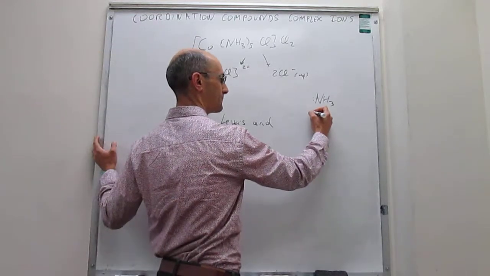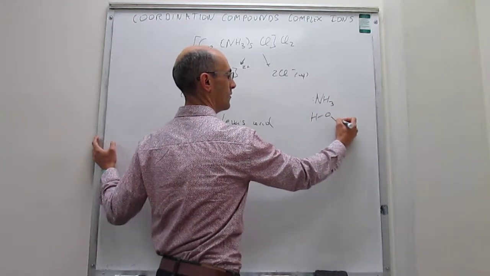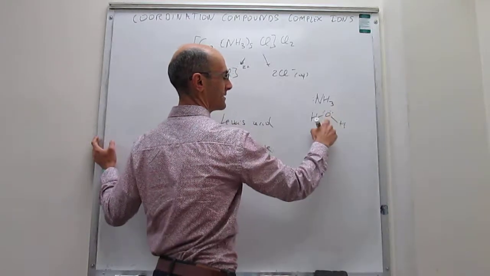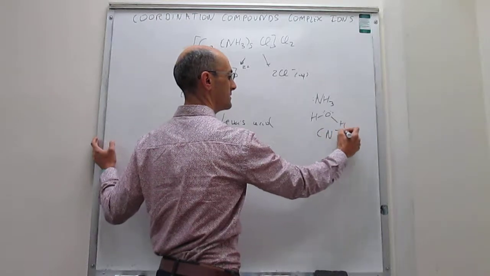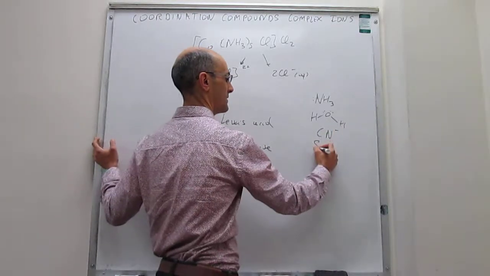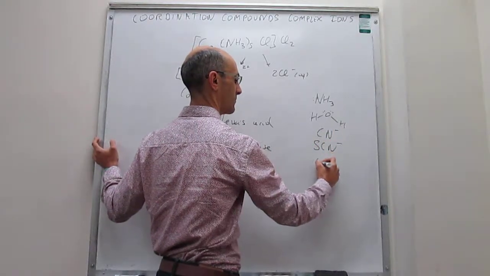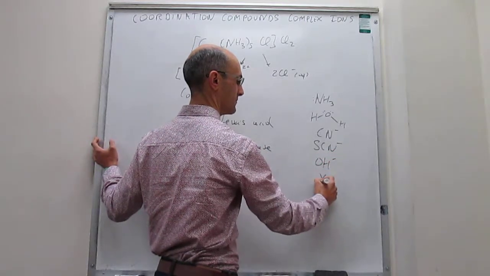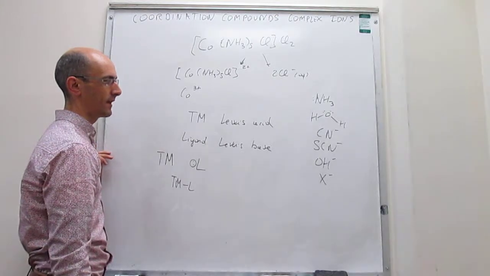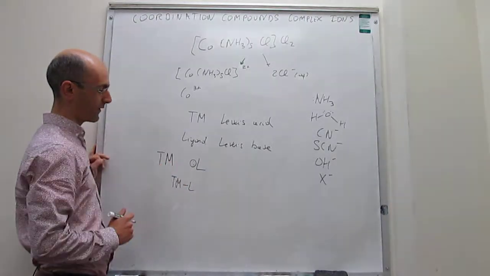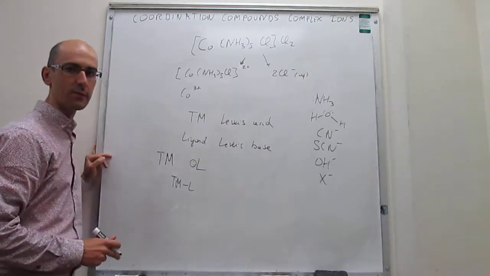Then water can also have lone pairs and act as a Lewis base. But there's many more. You have the cyano ligand, then isocyanate, hydroxide, and then the halogens. All those have lone pairs that can actually form this coordinate covalent bond with a transition metal.